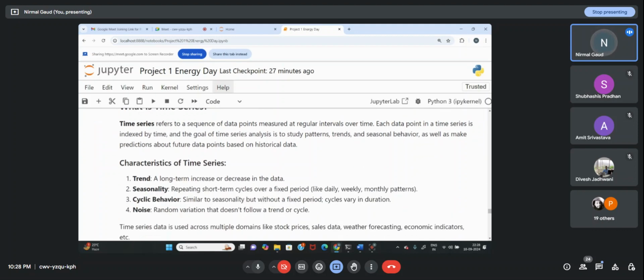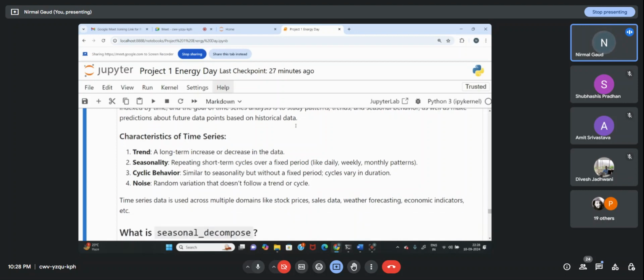Time series, I already told you that we have a sequence of time, and in time series we have some characteristics. One question I was asked in the opening of the session relates to this. These are the characteristics of time series: we have a trend, seasonality, cyclic behavior, and noise.